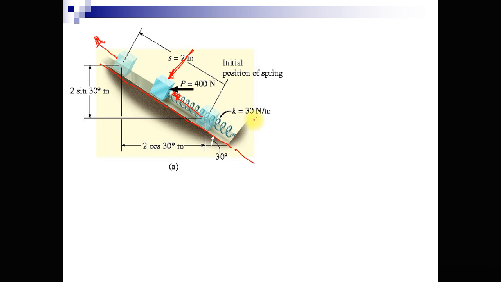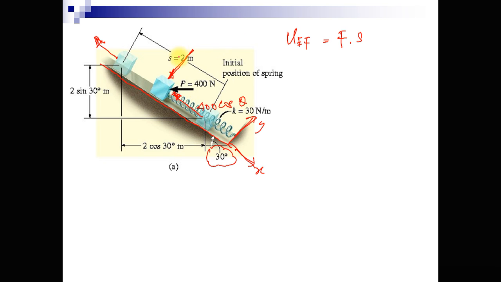Say these are the axes X and Y. We know the angle is 30 degrees, so the component could be 400 cos theta. Just now I put the work done by the external forces as UEF. Work done by an external force is F times S.